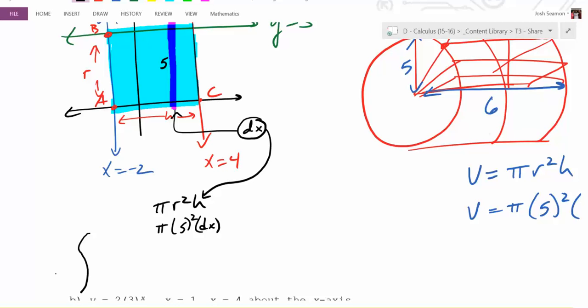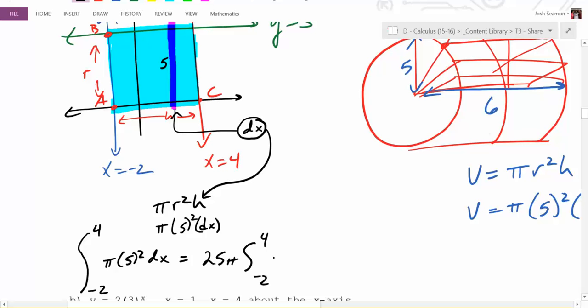Where is the disk that's farthest to the left? At x equals what? So it goes from -2 to 4 of pi times 5 squared dx. Let's see what happens when we do this. What can we factor out to the front of that integral? 25 pi. Integral from -2 to 4 of dx. What is the integral of dx?